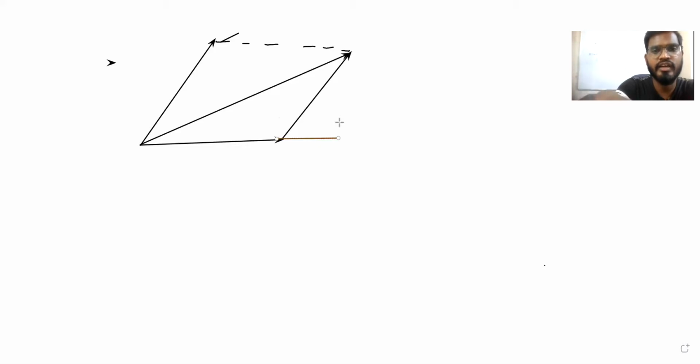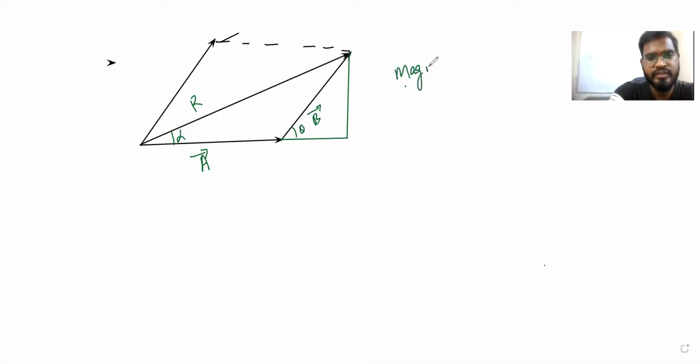Let's take another color. This is vector A, this is vector B, and we got the resultant here, R. Let's take this as theta, this as alpha. So we want to find the magnitude of resultant R, or we can say the derivation of the parallelogram law.